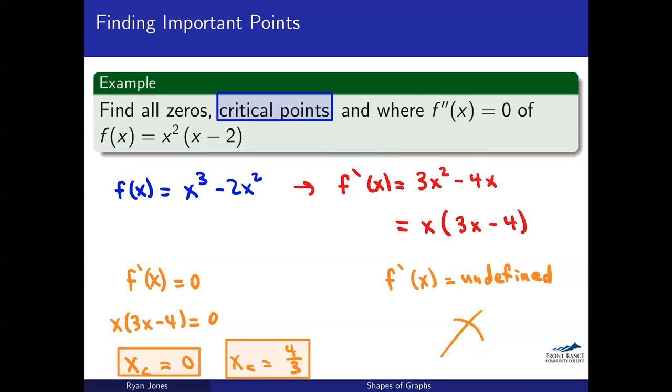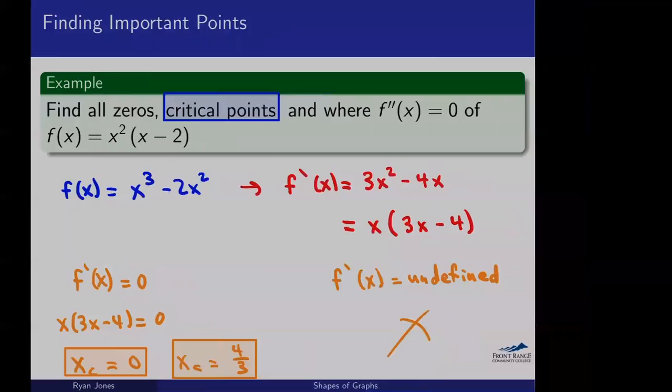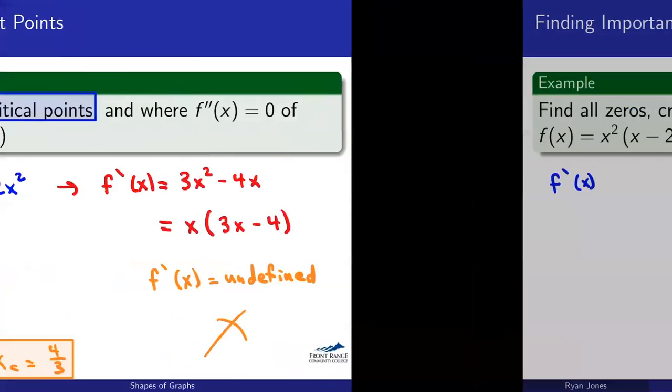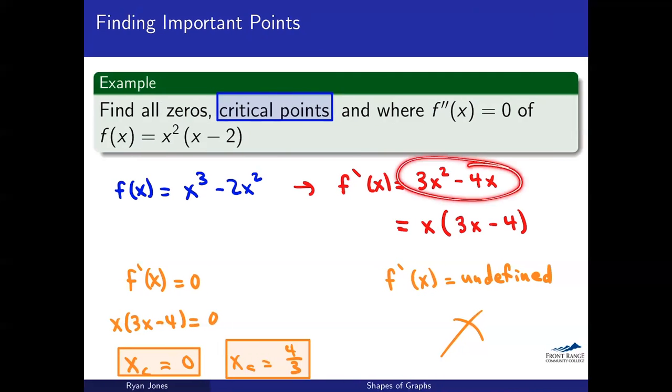That's great. All right. Last, but certainly not least, let's find where f double prime of x is equal to 0. We actually had the derivative here. Looking back at this step of the derivative, you're welcome to use this step, but again, I don't want to use the product rule. Let's just use this step. This is the derivative.